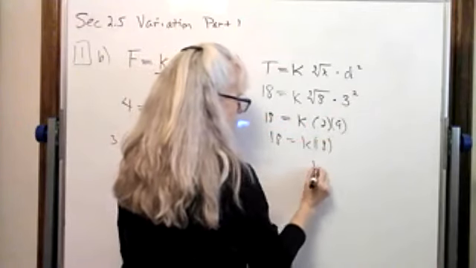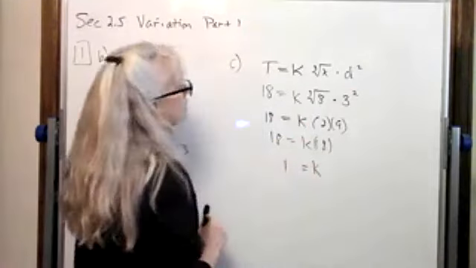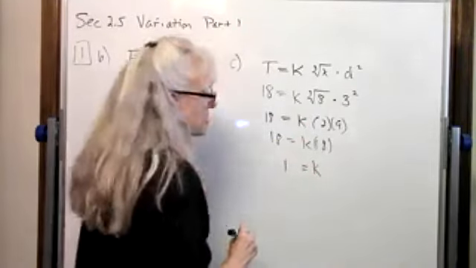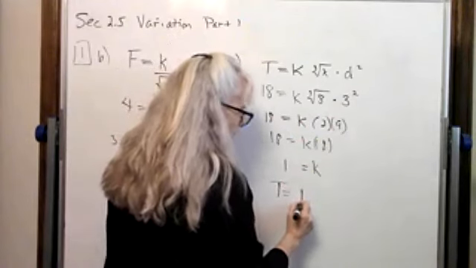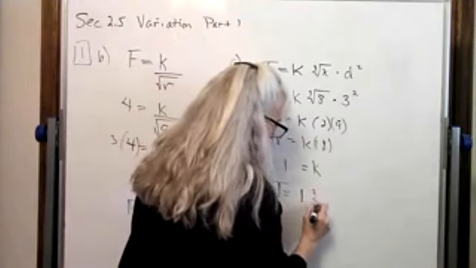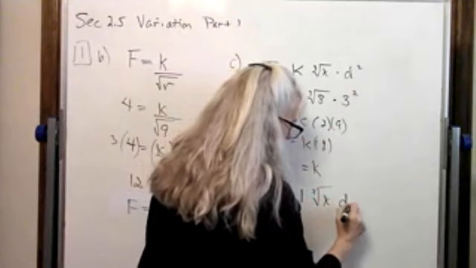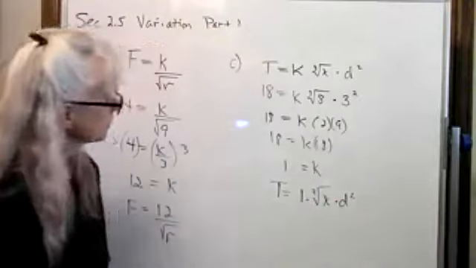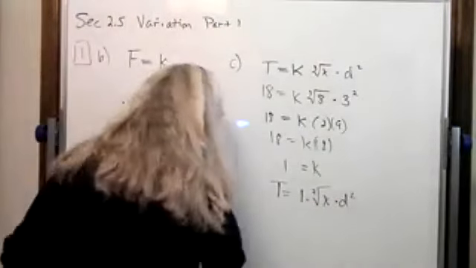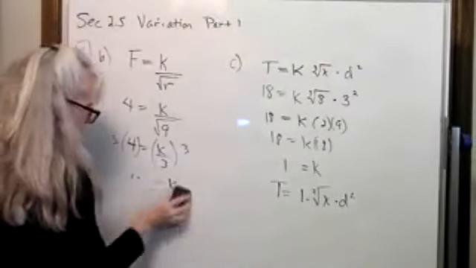So in this case, k is equal to 1. Doesn't happen very often, just a set of numbers. So now we can rewrite our equation. T is equal to 1, I'm going to put it in there just so you can see what we did, times the cube root of x times d squared. There's your equation. Okay, one more before we start the actual application.